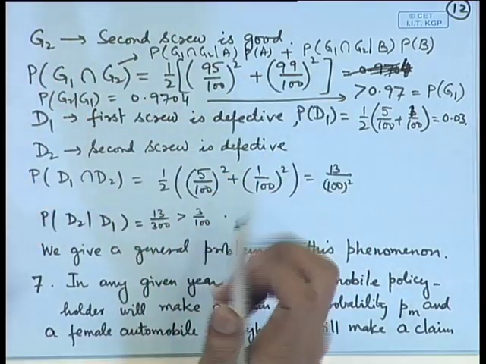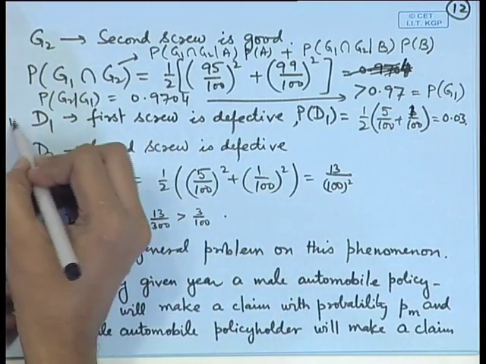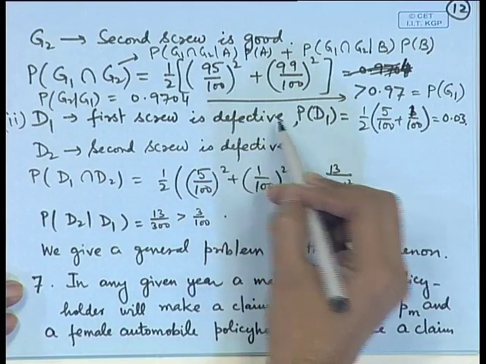Let us look at it in the reverse way. Consider D1 to be the event that the first inspected screw is defective.